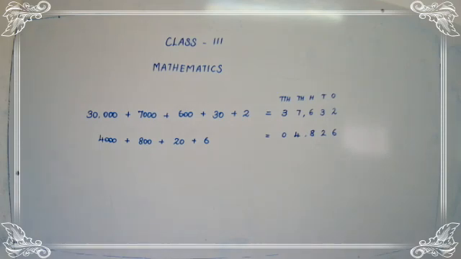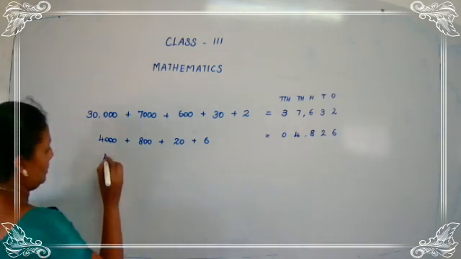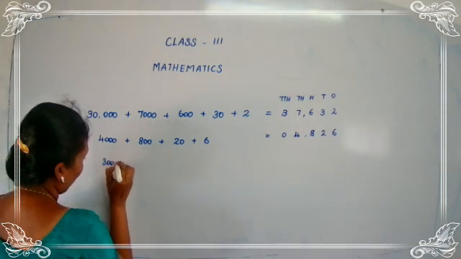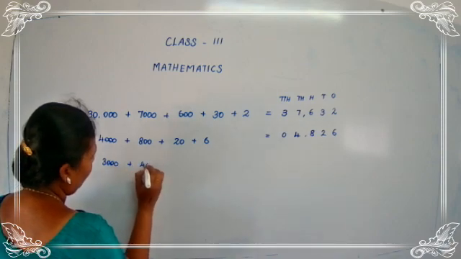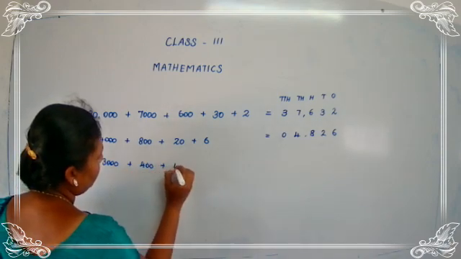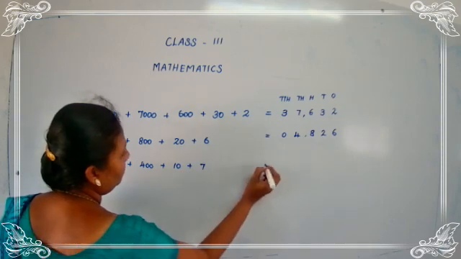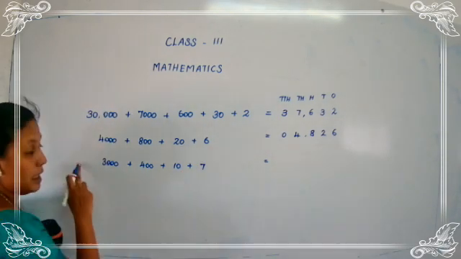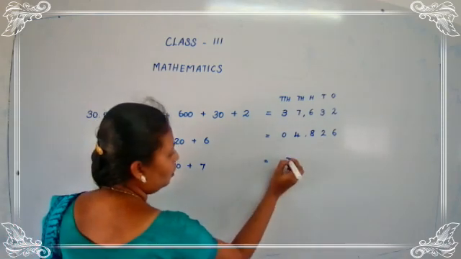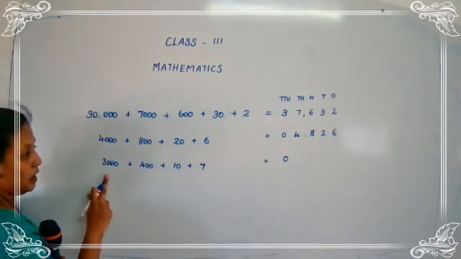You see the third one. 3,000 plus 400 plus 10 plus 7. Is there any 10,000 value? No, 0. Then 3,000.